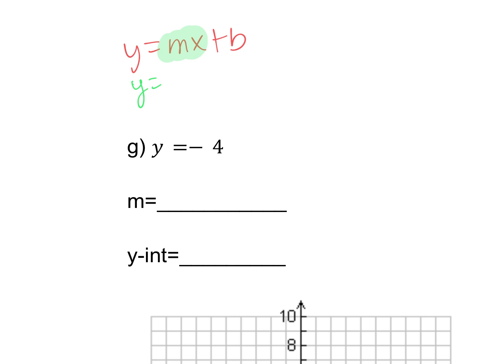Because there's nothing here, right? The answer is 0. So y equals 0x and then minus 4, right? So that's the same thing as this. So your slope is going to be 0, and I'll show you what that looks like in a second. And your y-intercept is going to be 0, -4.